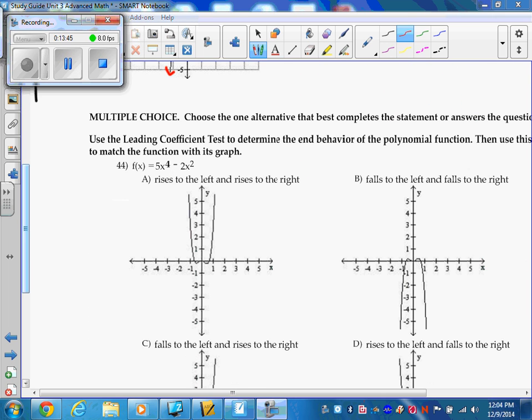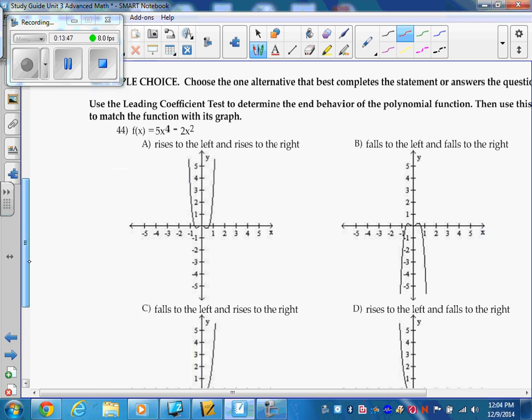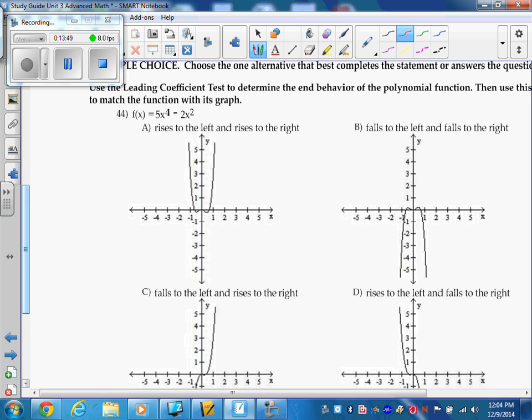Okay, one more question, 44. Use the leading coefficient test to determine the end behavior of a polynomial function. Basically, if you have an even function and you have a positive leading coefficient, it is going to start up.